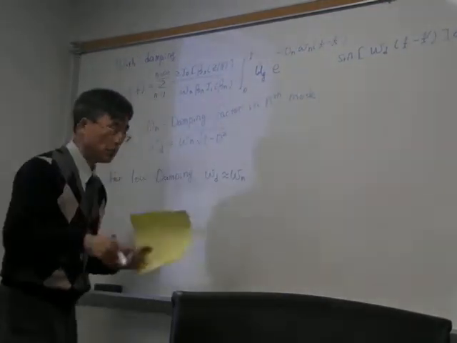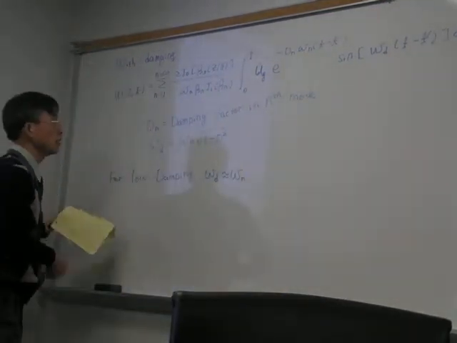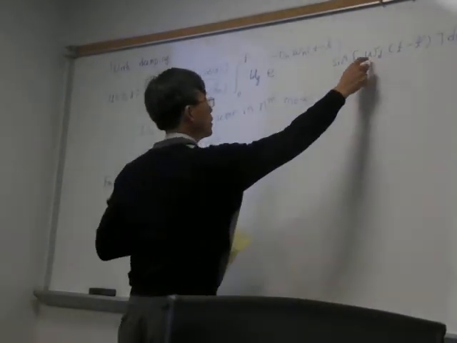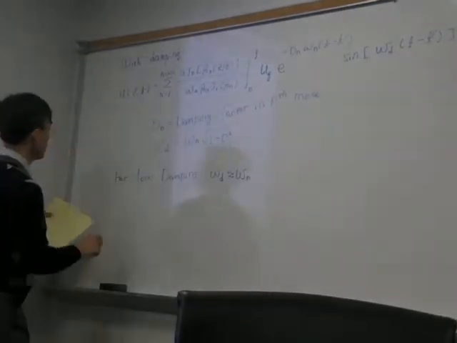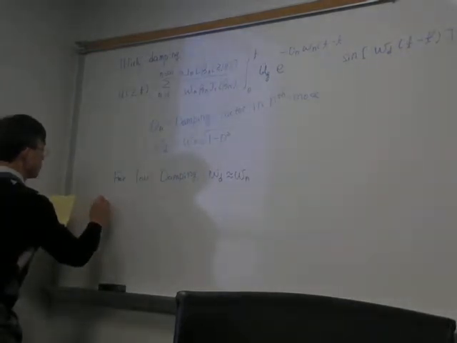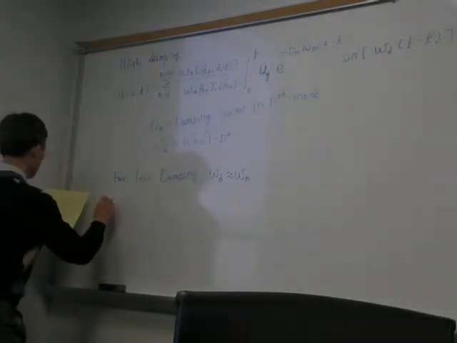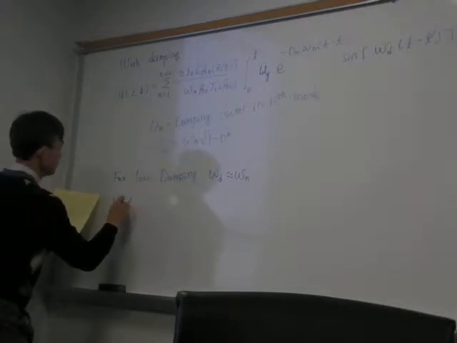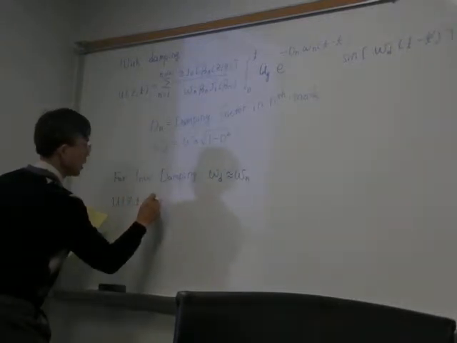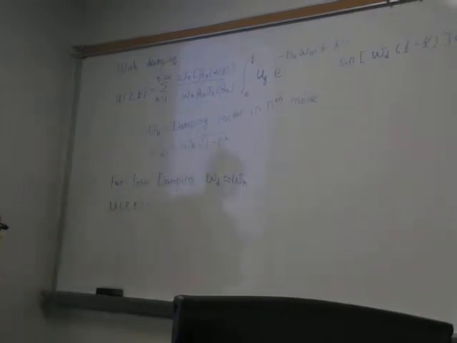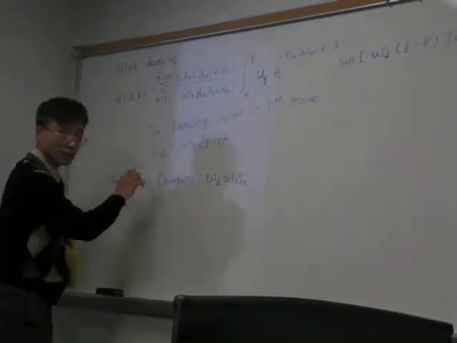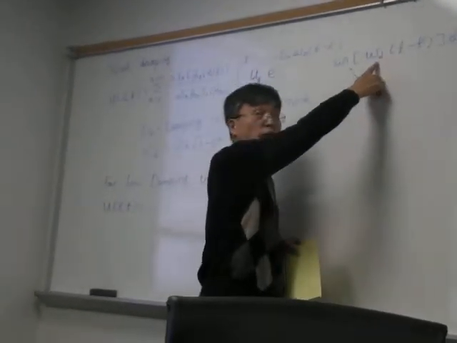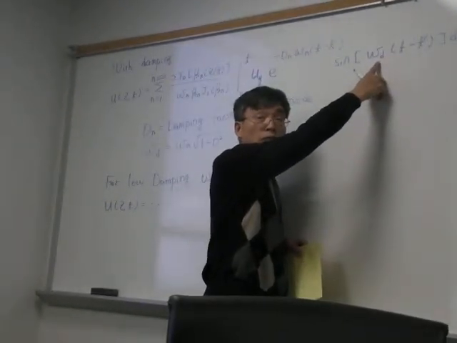So I will rewrite this equation again, assuming that this one is about the same as omega n. Then we should have u(z,t) equal to da da da. I think you will like this expression. That means somewhere here we will just replace this one with omega n.